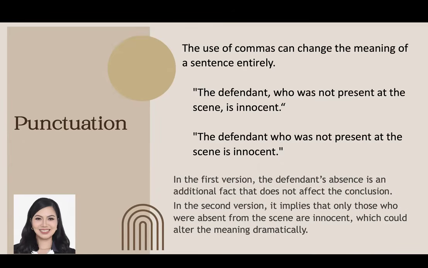However, in the second version, it implies that only those who were absent from the scene are innocent, which could alter the meaning dramatically. So there is a qualifying circumstance or condition in the second sentence, which is about the presence of the defendant. So be careful in placing punctuations. It depends on what you want to convey to your reader.